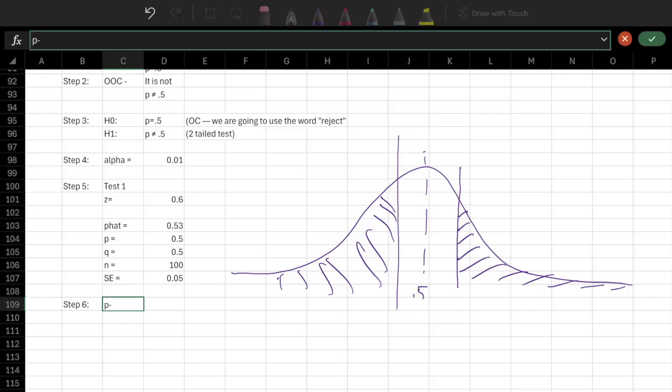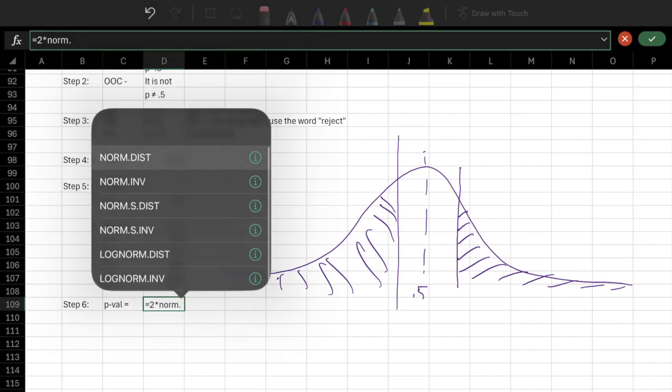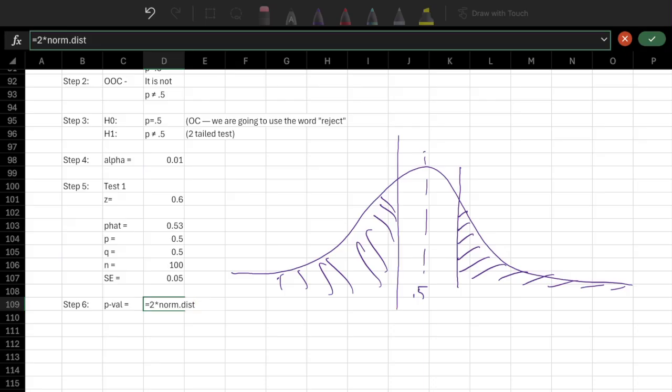So the p-val is going to equal 2 times norm dot dis negative 0.6. Why negative? Well, because this one over here, see, these areas are the same.